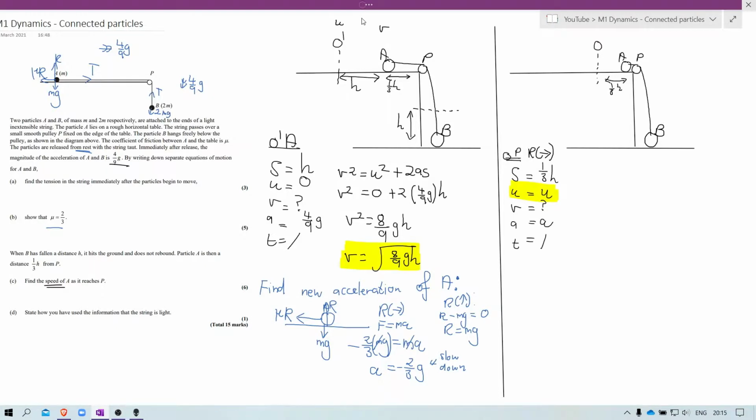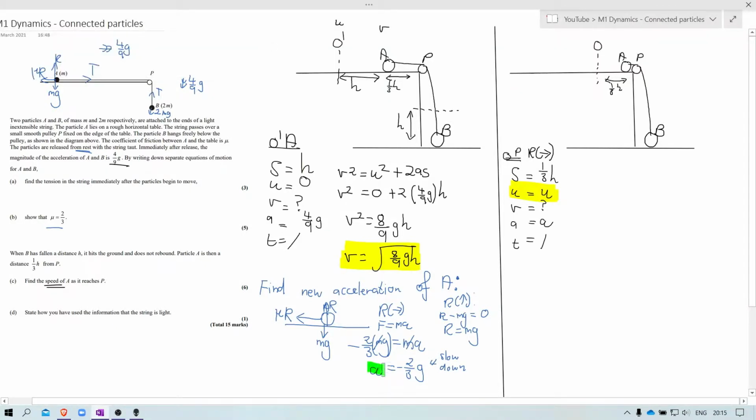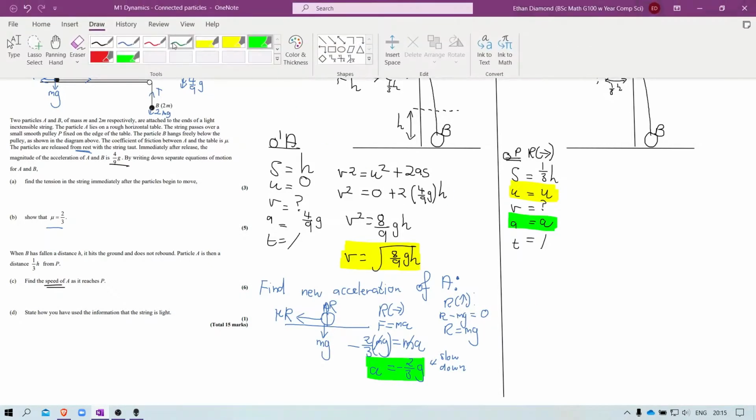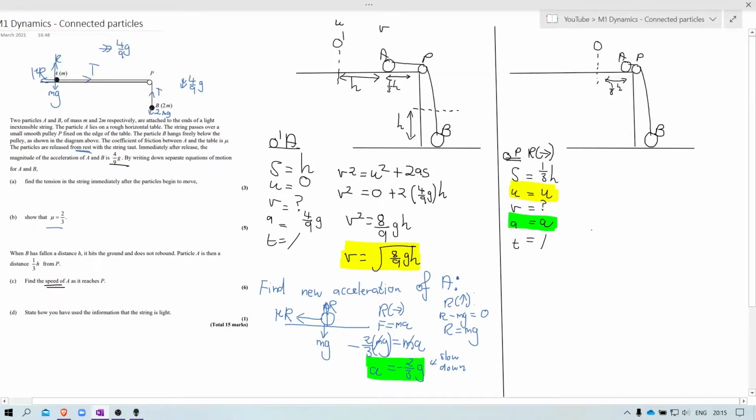So what are we going to do with this new acceleration? Well, we're going to take this new acceleration, which is minus 2/3 of g, and stick it into our original equation from O to P. So we have v squared equals u squared plus 2as.